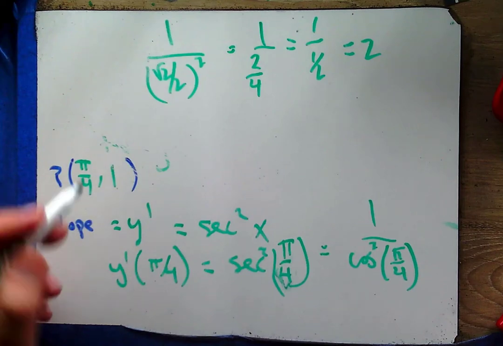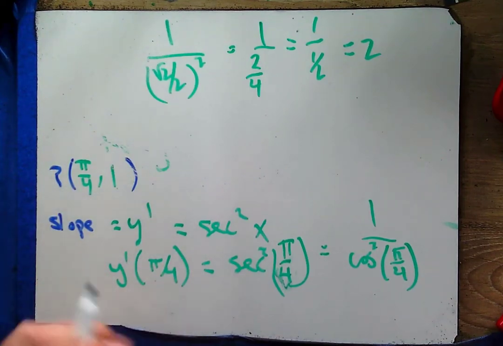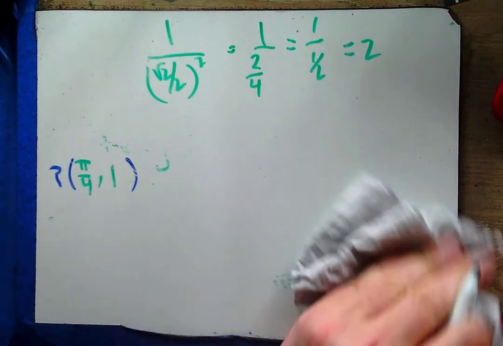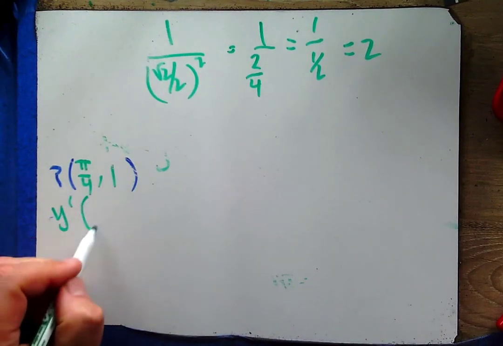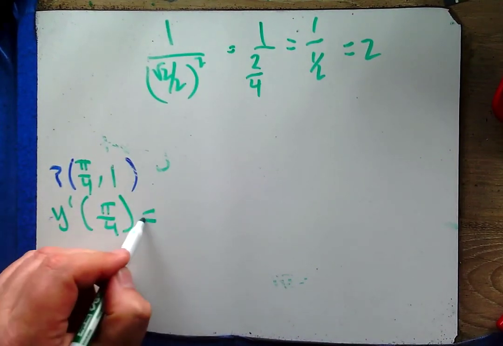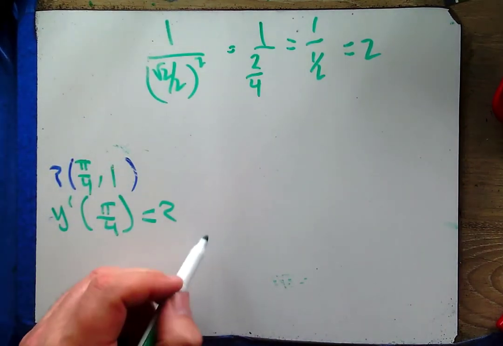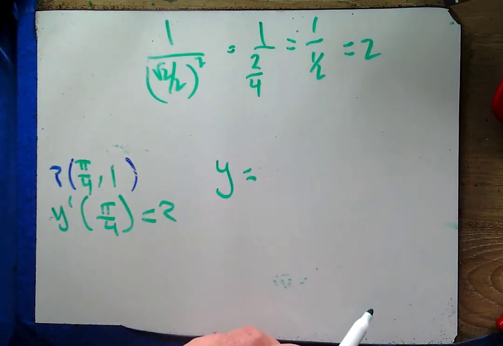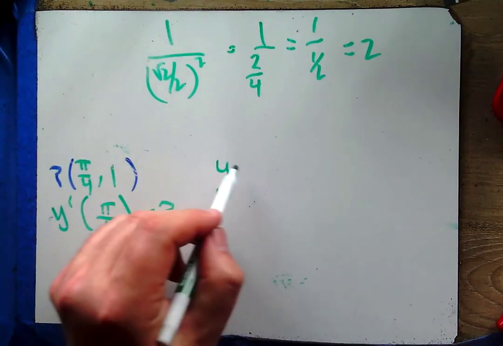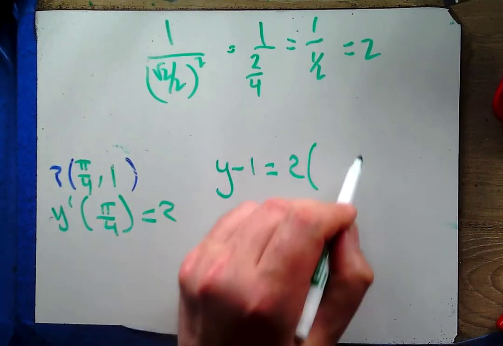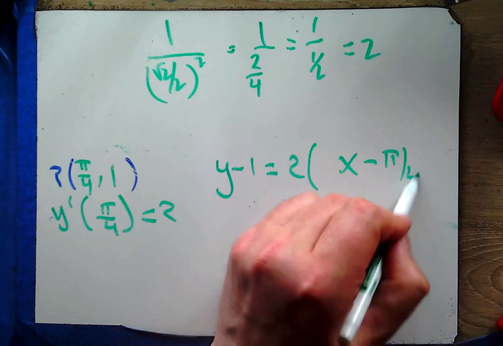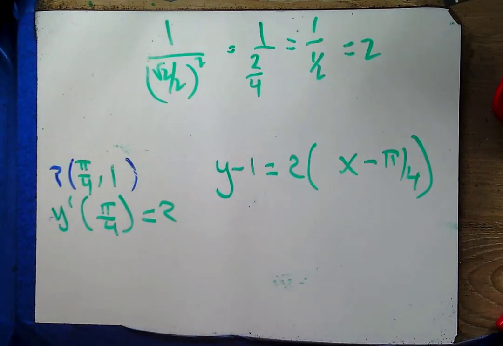So our slope, or y prime of pi over 4, turns out to be 2. So then our tangent line equation: y minus 1 equals 2 times x minus pi over 4. Fabulous.